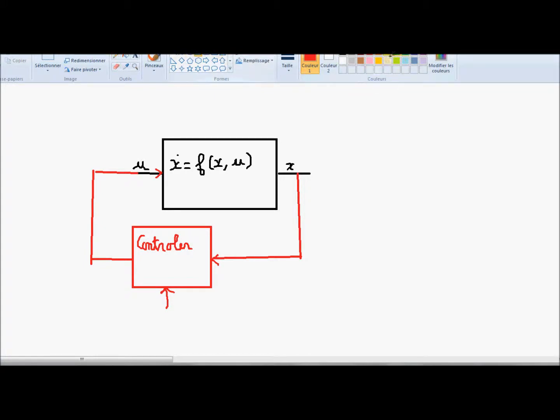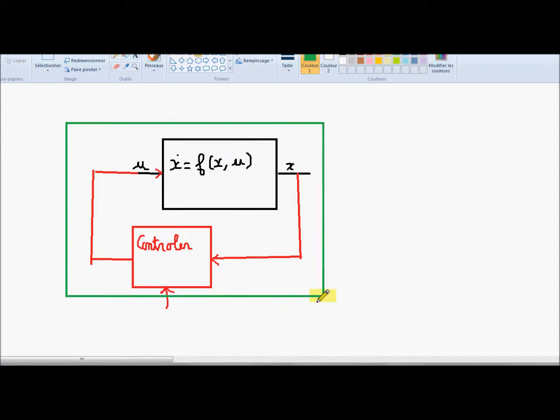What we have here, it is a closed loop system, and it corresponds to what we call a robot. Here we have the sailboat, but the sailboat plus the controller corresponds to a robot.